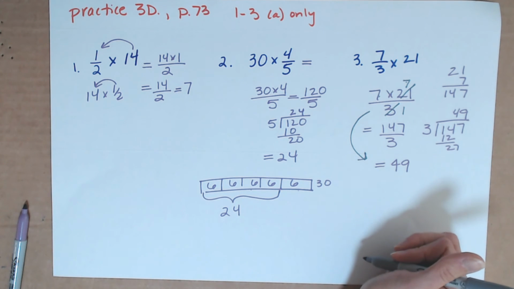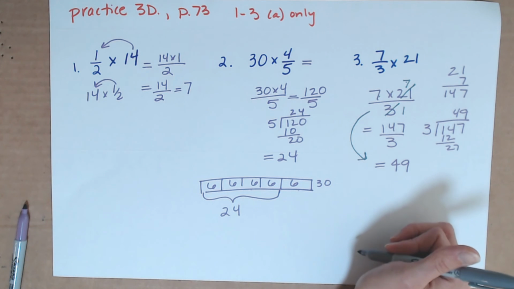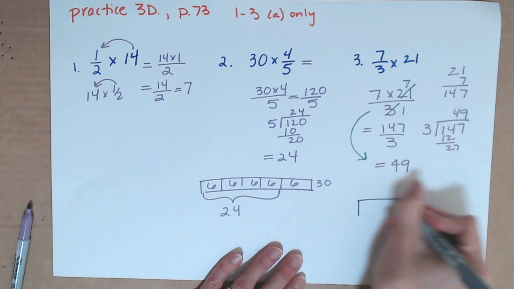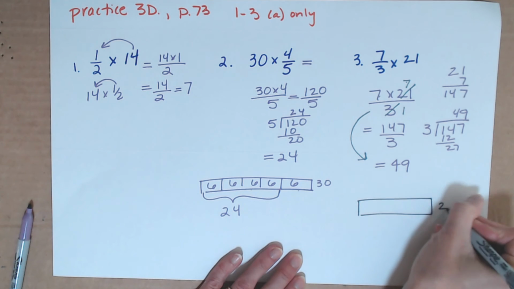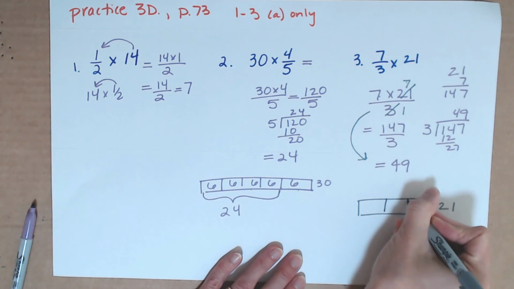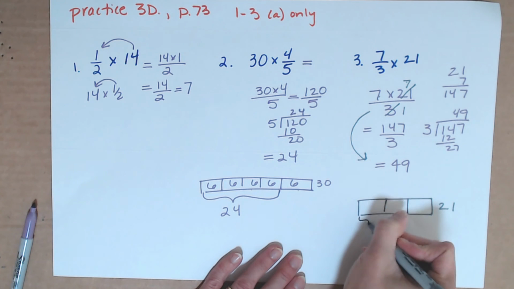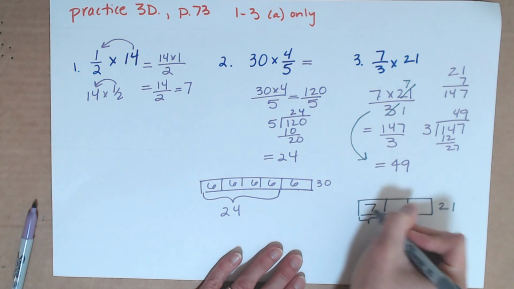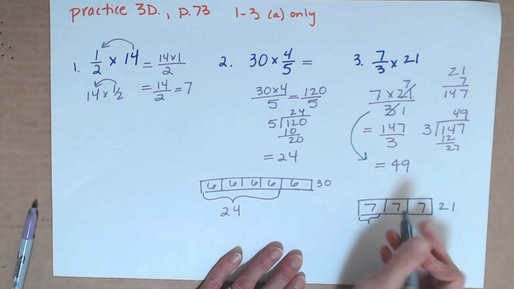Now I want to show this using a bar model as well. So if our number is 21 and we're taking 7/3 of it, we ask ourselves what 1/3 is. 1/3 of 21 is 7, because 7 times 3 is 21.